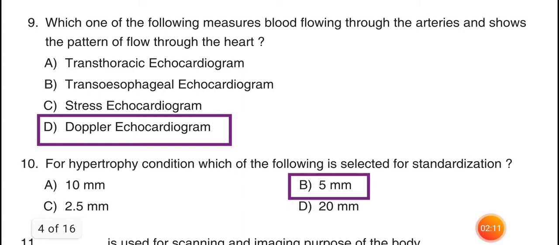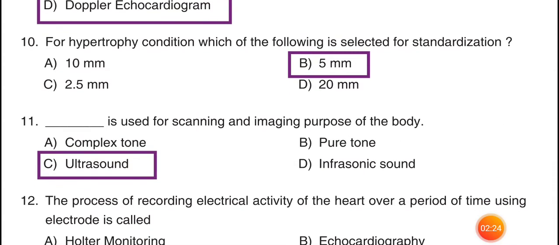Which one of the following measures blood flowing through the arteries and shows the pattern of flow through the heart? Answer option D, Doppler echocardiogram. 10. For hypertrophy condition, which of the following is selected for standardization? Answer option B, 5 mm.